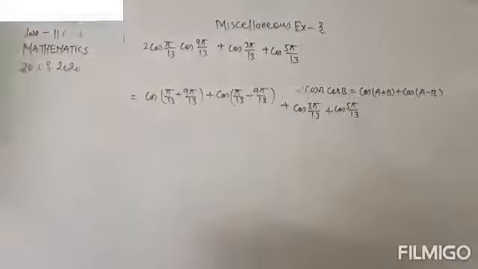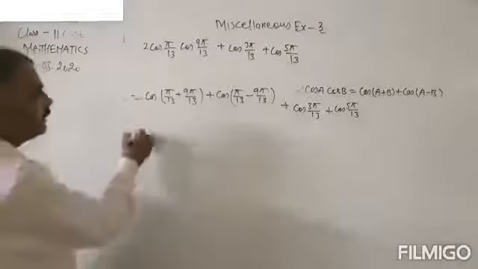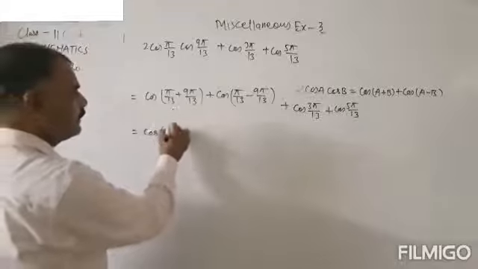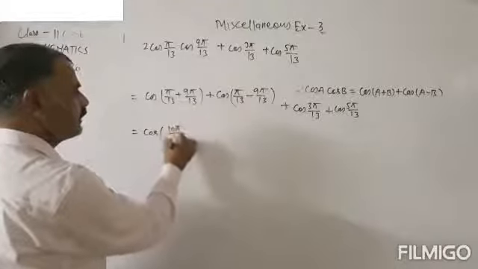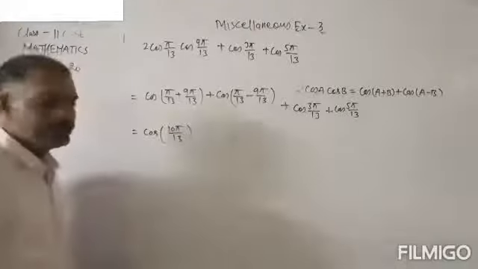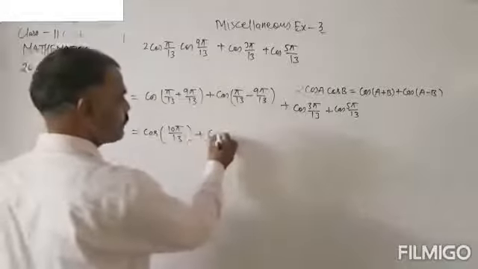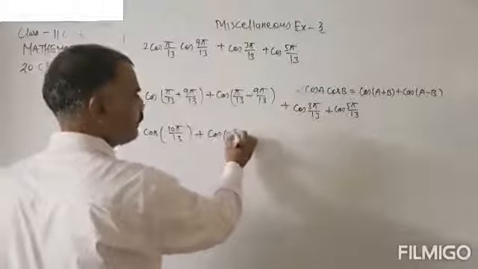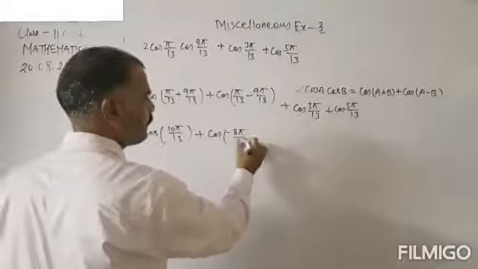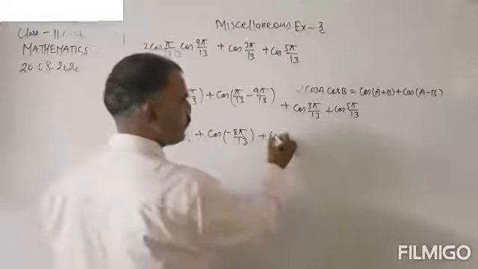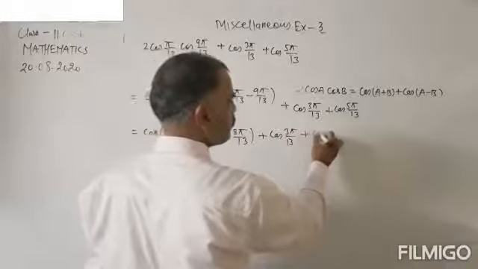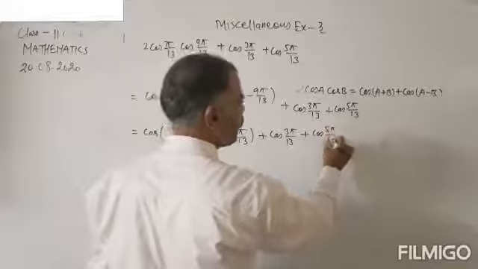After simplifying, we will have cos 10 pi by 13 plus cos of pi by 13 minus 9 pi by 13, that is minus 8 pi by 13, plus cos 3 pi by 13 plus cos 5 pi by 13.